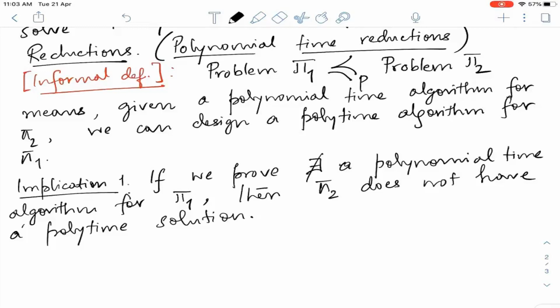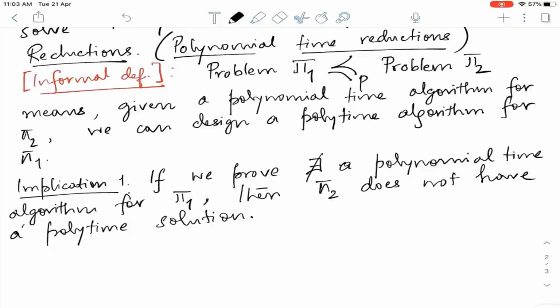Okay. So today we will actually see some concrete examples of how to do such reductions. As Lakshay was asking, what do you really mean by reduction? What do I mean by this fact that given a problem, I can reduce it to another problem and use its algorithm to solve the other one?